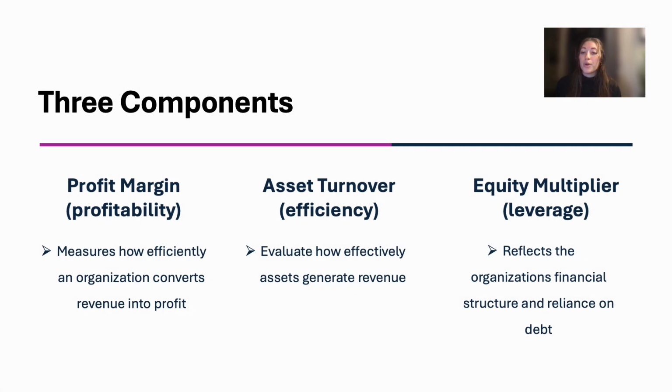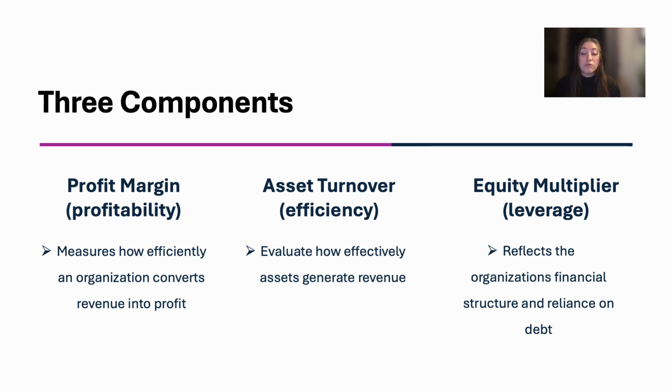So the three main components: your profit margin measures how efficiently an organization converts your revenue into profit. So a higher profit margin would mean that there's better cost control and better pricing strategies within an organization. Your asset turnover evaluates how effectively assets generate revenue.